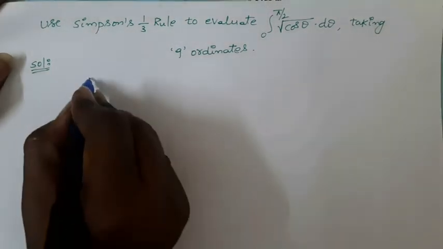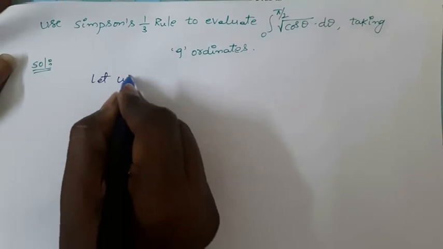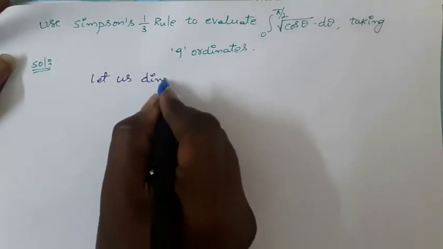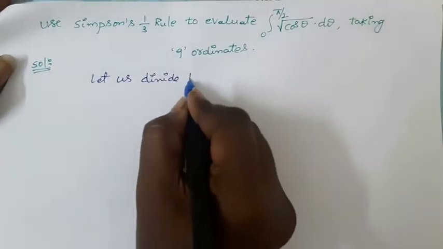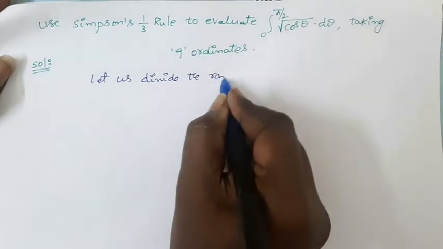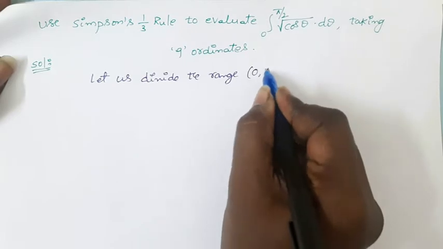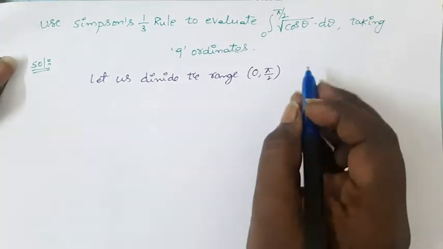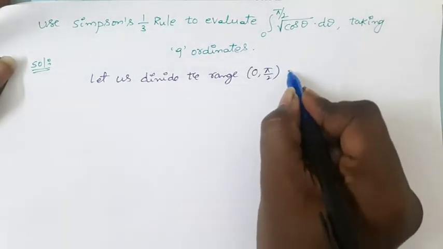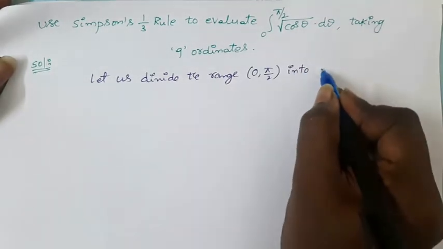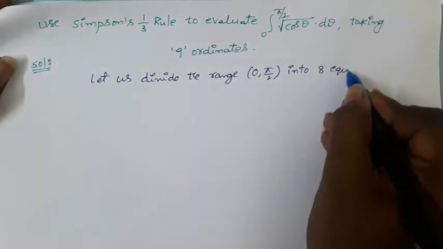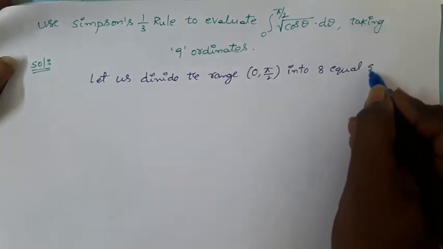Let us divide the range. Here the range is the interval 0 to pi by 2, which are the lower and upper limits of the given integral, into 8 equal parts, otherwise 8 equal subintervals.